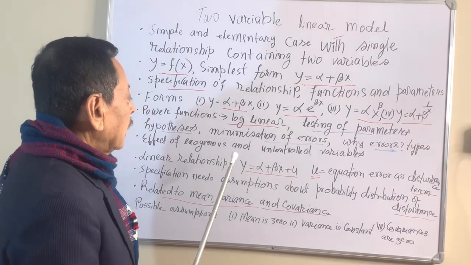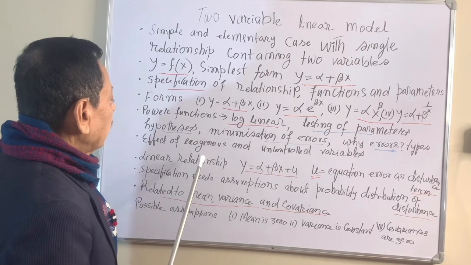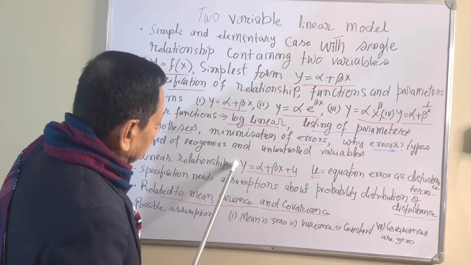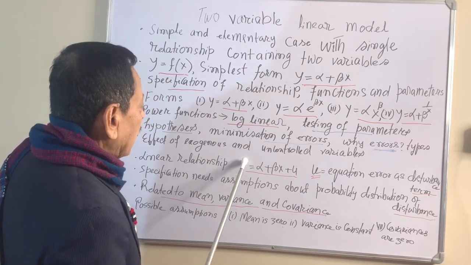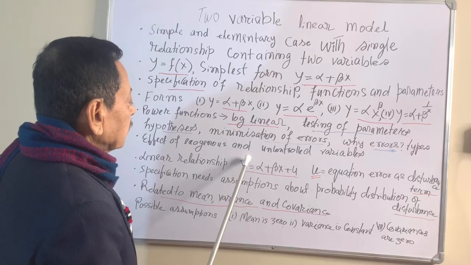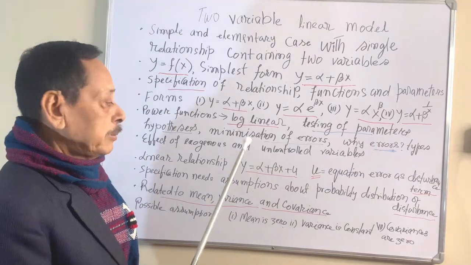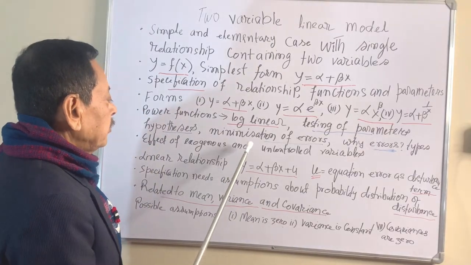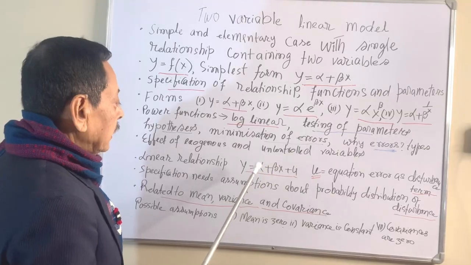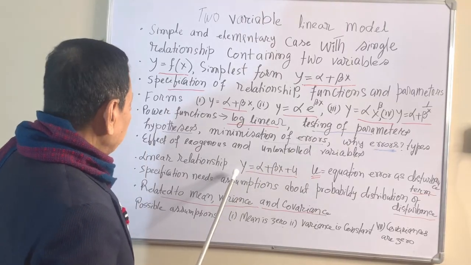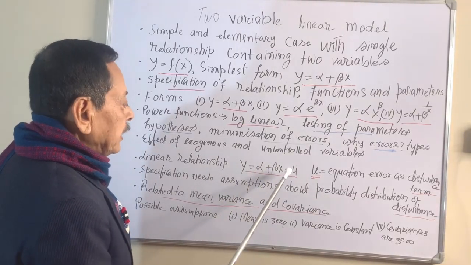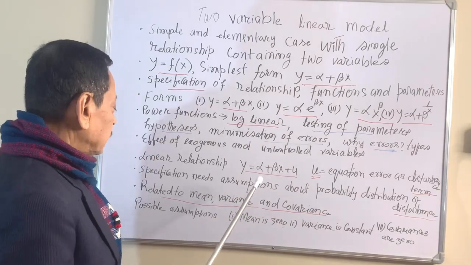And another thing is that a linear function, that means a line, will not pass through all points of observations. It cannot be linear. That's why the aim will be to minimize the error terms.